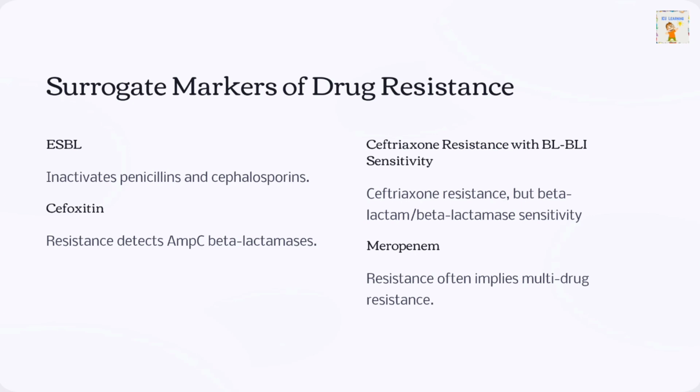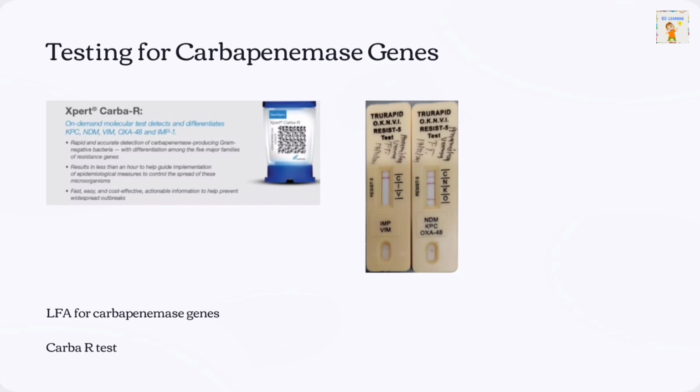If resistance to cefoxitin is noted, it is a surrogate marker for detection of AmpC beta lactamase. And if resistance to meropenem or carbapenem is noted, it is a surrogate marker of a carbapenemase producing organism, and it indicates multi-drug resistance.